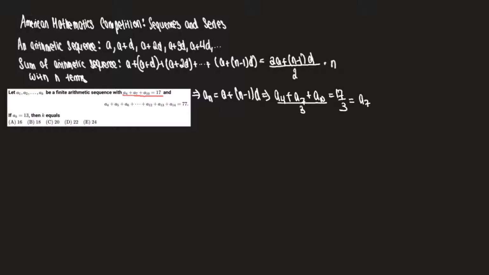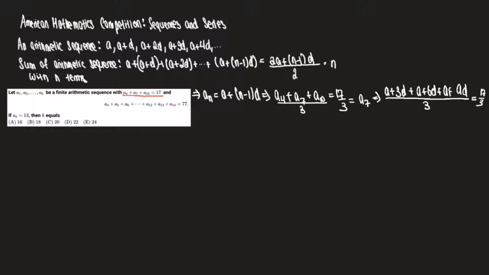Here's how I got that. A4 is A plus 3D, because A sub n is A plus (n minus 1) times D, plus A plus 6D plus A plus 9D, divided by 3 equals 17/3.